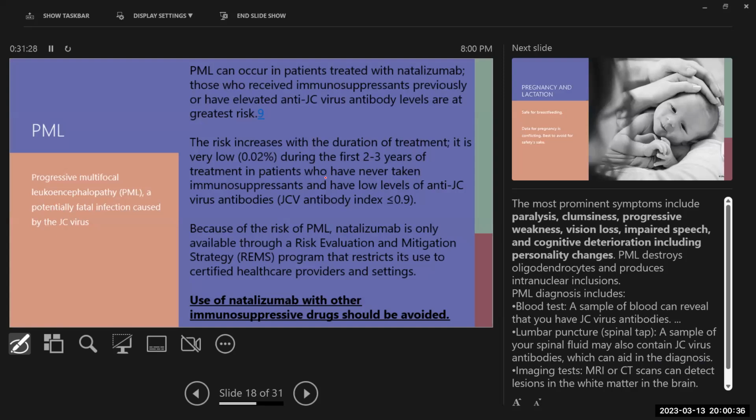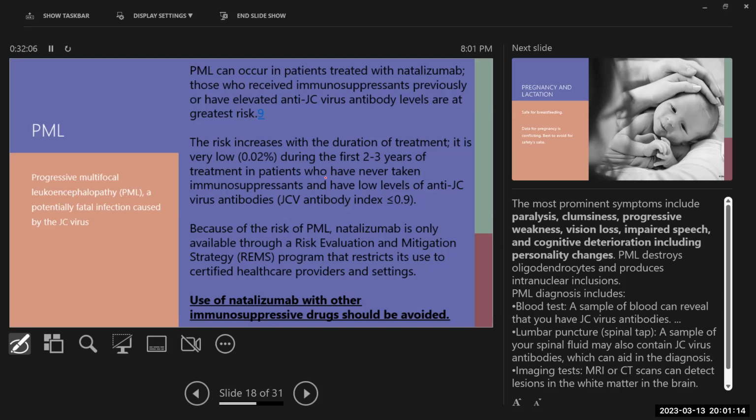So the John Cunningham virus, the JC virus, is a small DNA virus that all of you in this room have probably seen before. Your immune system usually keeps it at bay, and it's not of any consequence. If you're on natalizumab or other drugs like it, the JC virus can enter the central nervous system, and it can infect the brain, and it can cause encephalopathy.